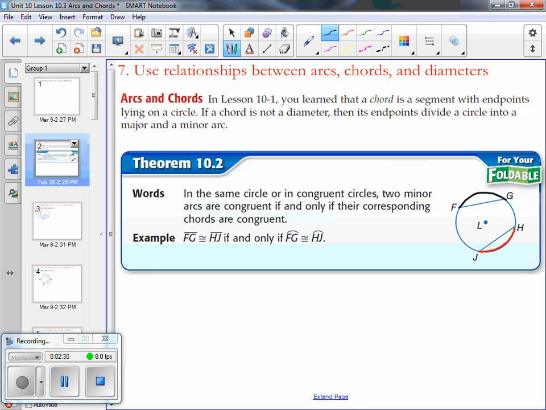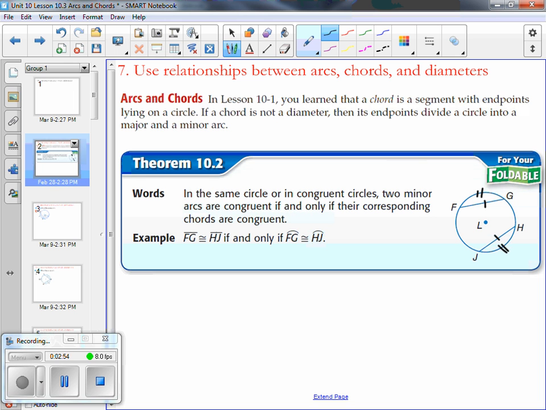So in other words, if we know those two arcs are congruent, we conclude that segment FG is congruent to segment JH. On the other hand, if we know that segment FG is congruent to segment JH, then we conclude that arc FG is congruent to arc JH.